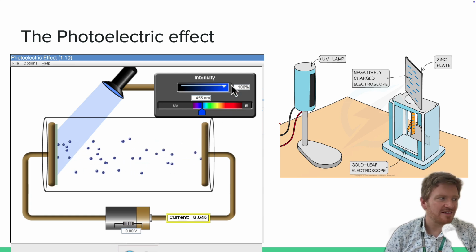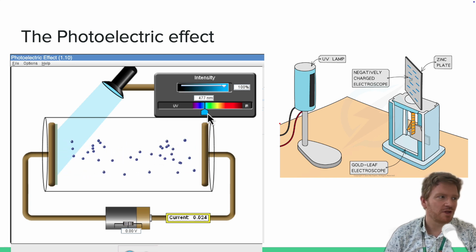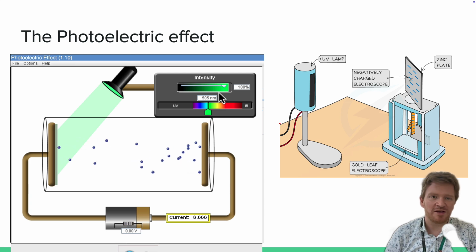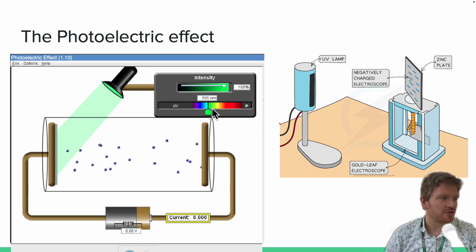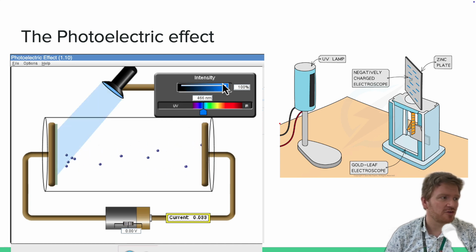No matter how intense I make it, I don't seem to see any fast ones anymore at long light wavelengths. And yet if I decrease the wavelength, suddenly they go really, really fast. And the intensity only seems to affect how many electrons I see.